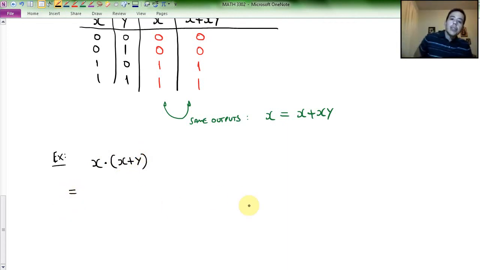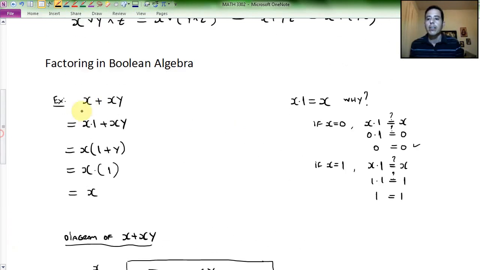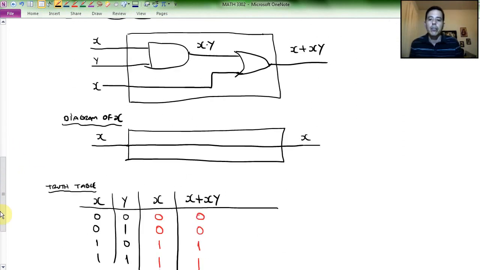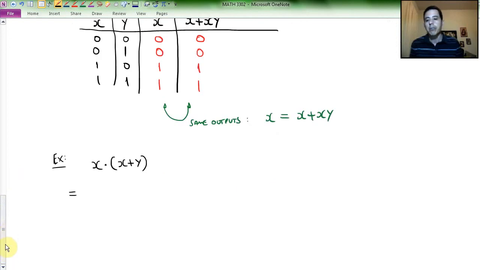Now this is unusual because here we are factoring an addition out. So here we're factoring the multiplication out. See the multiplication, x times 1, x times y, and then the multiplication goes out right here. And then what's left inside the parentheses is the addition. So that's very intuitive. We already know how to do that in regular arithmetic.